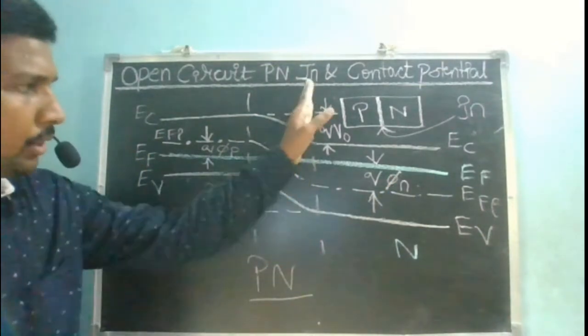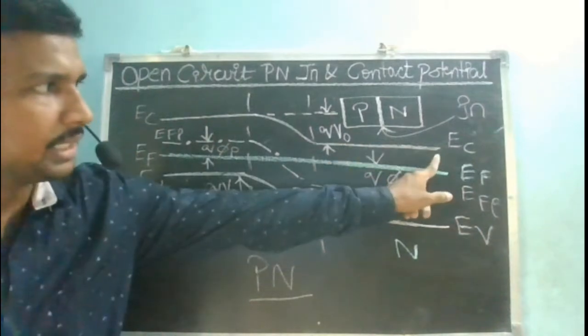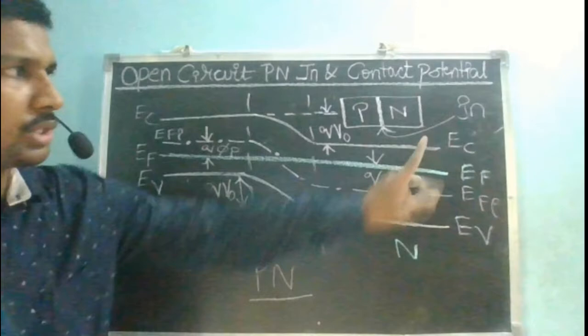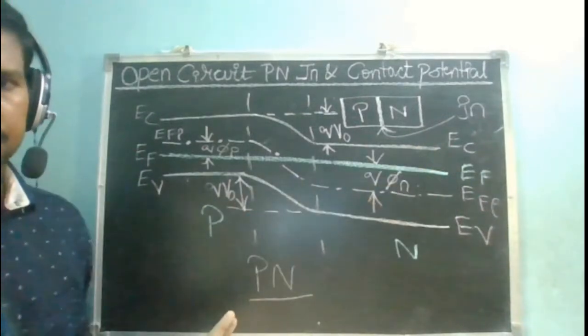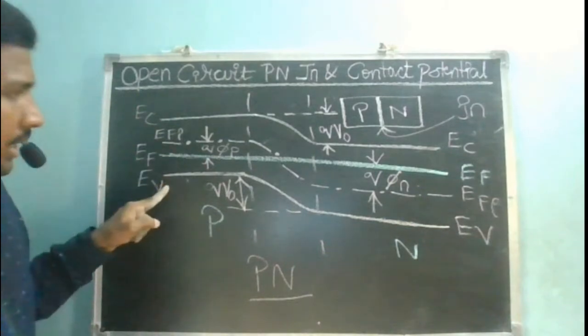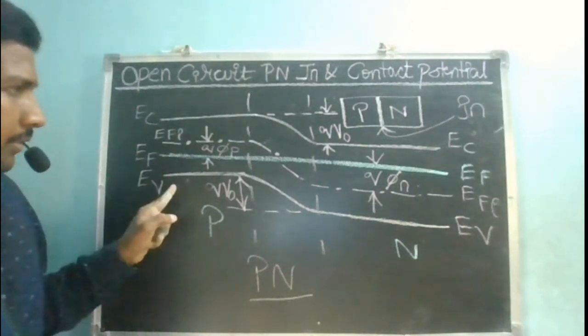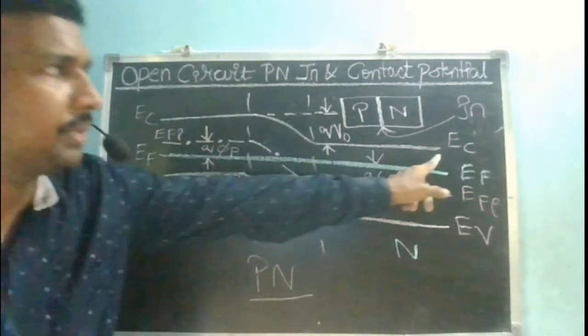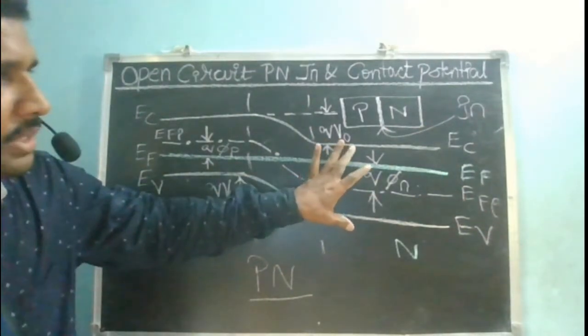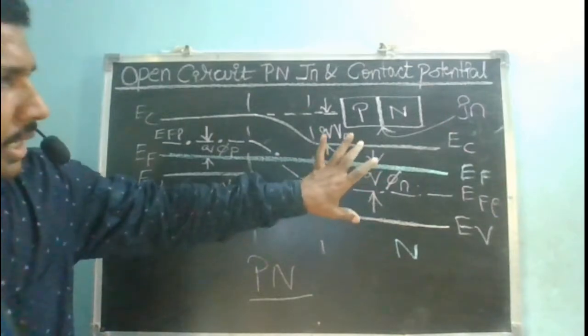Then you mark your EC, because you are drawing the N type, EF is close to your EC. Then you mark your EV in the P side close to your EF. So EV in the P side you have completed, EC in the N side you have completed, and take an equal proportionate distance for EC and EV.